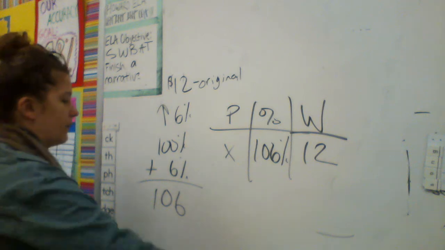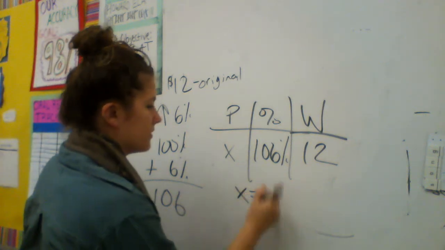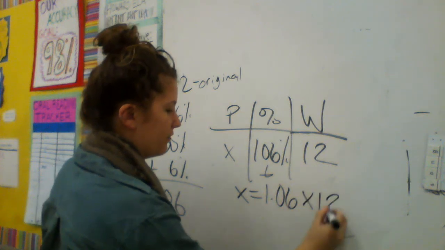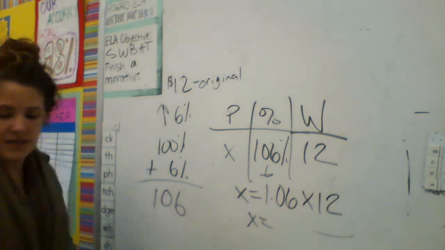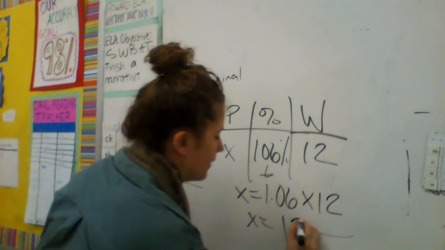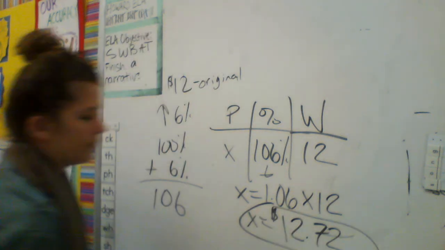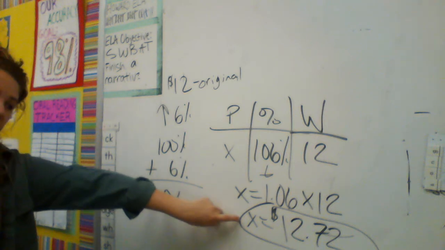I can write my equation. X equals, as a decimal, 1.06 times 12. This is with the sales tax. She will pay $12.72. And I just did that on my calculator. This is our final answer.